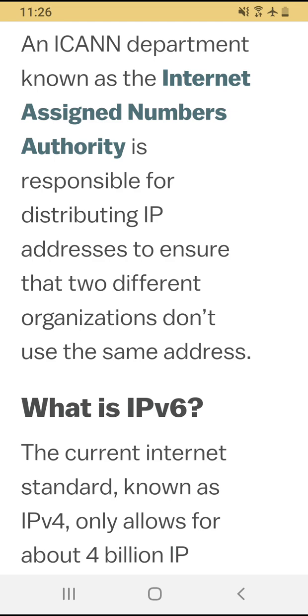A department within ICANN, known as the Internet Assigned Numbers Authority, or IANA, is responsible for distributing IP addresses to ensure that two different organizations don't use the same address. So IP, Internet Protocol addresses, these are just addresses, unique, I'm sure. All right.